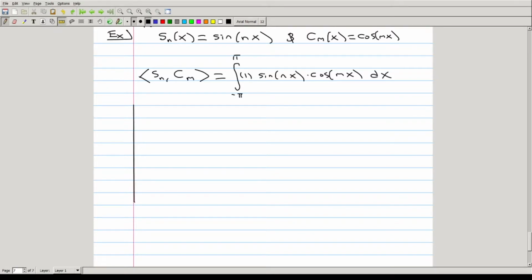So tabular integration is more general. We can do integration by parts any number of times that we want, but you'll recall that if we do integration by parts on this two separate times, we'll end up getting back to the original functions that we started with, modified by a multiplication factor.